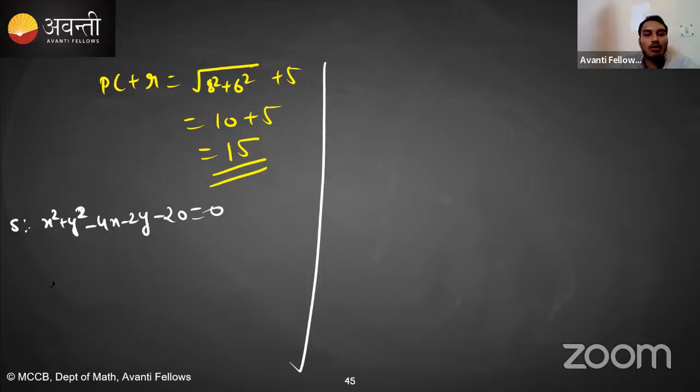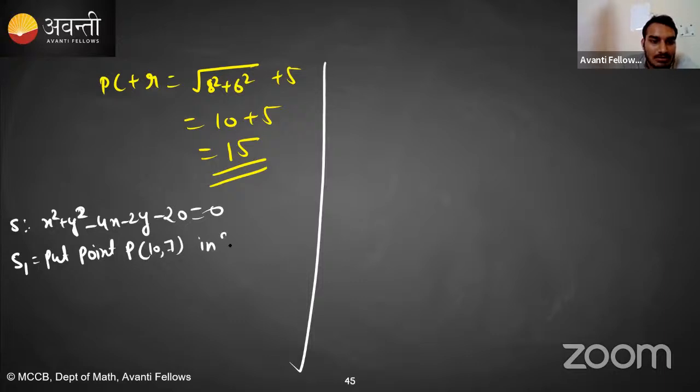So if you have to check whether the point P is lying outside, inside, or on the circle, put the point P in the circle. What is S1? S1 is the value at point P, which is 10,7. So S1 is 10 square plus 7 square minus 4 into 10 minus 2 into 7 minus 20.